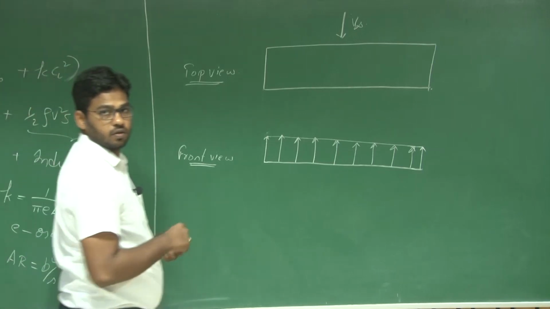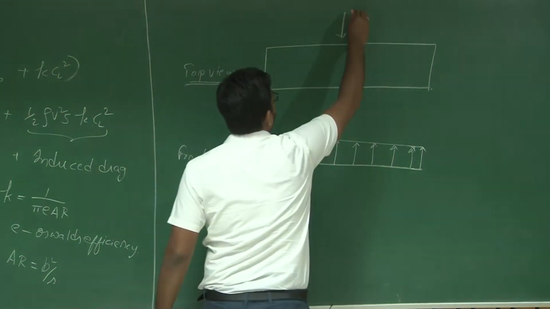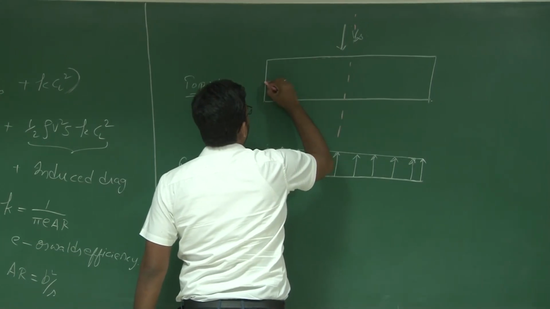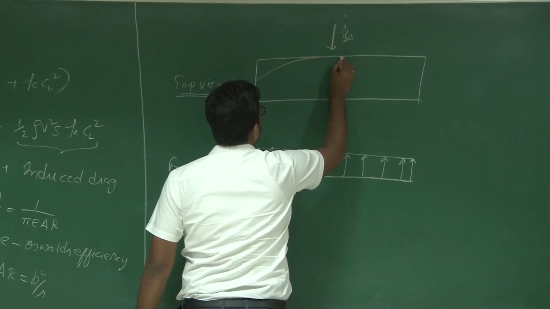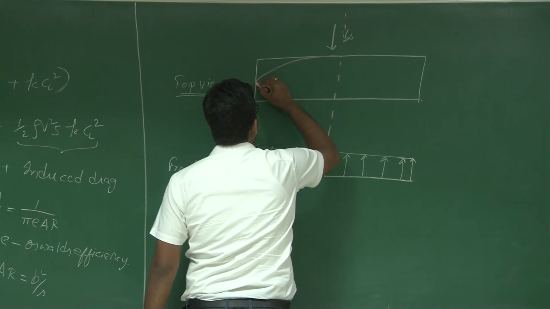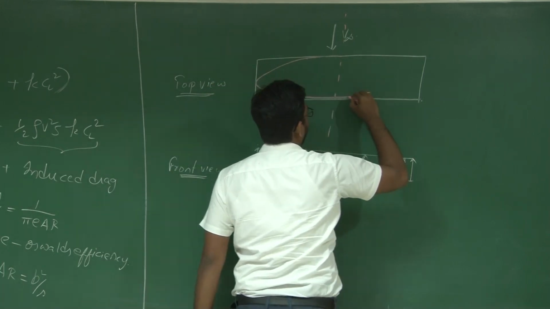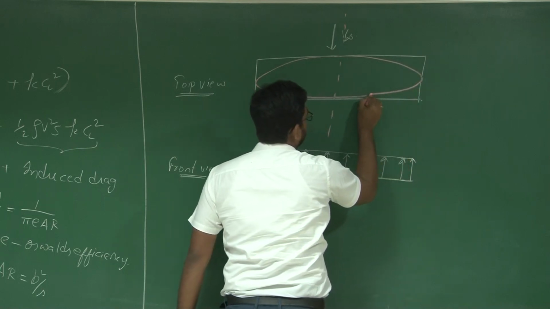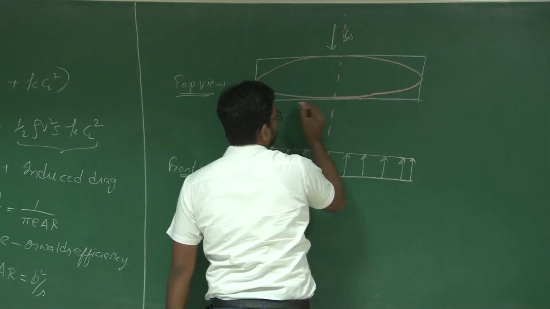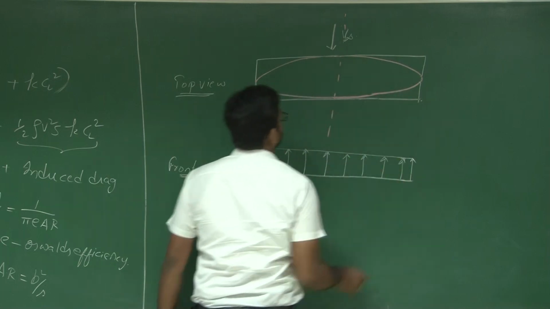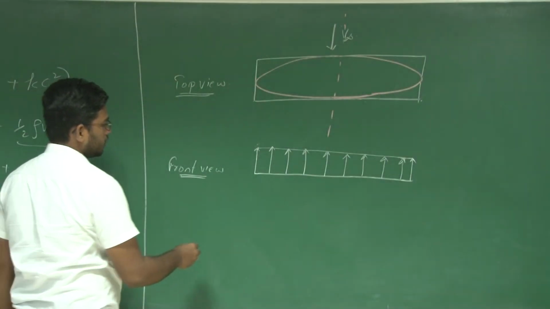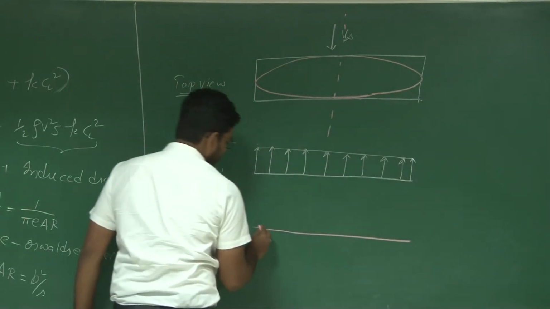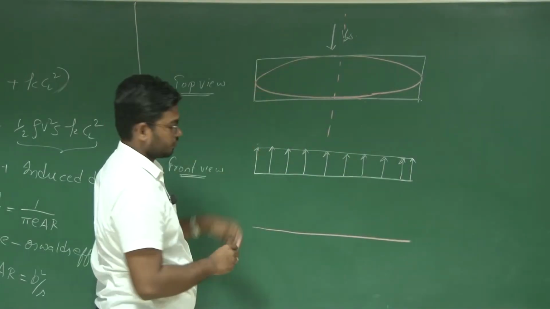Now let us say instead of this rectangular wing, you consider an elliptic wing. It is observed that the lift distribution depends upon the shape of the wing, right?